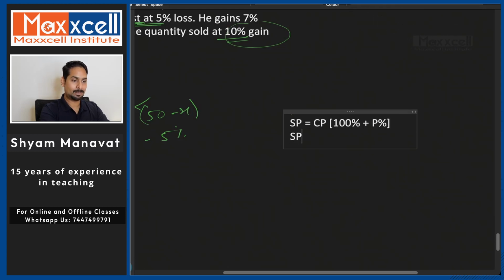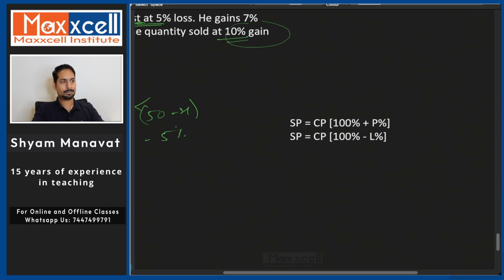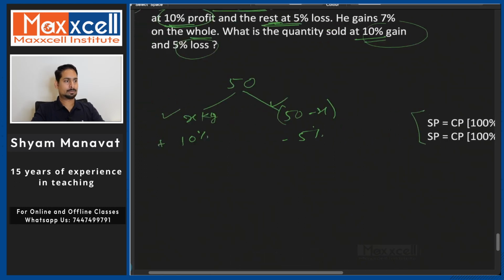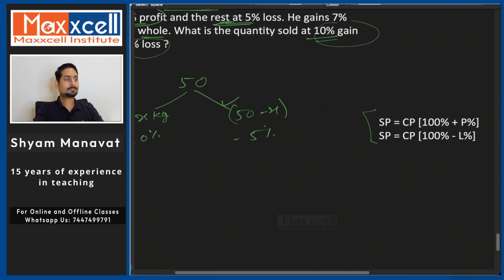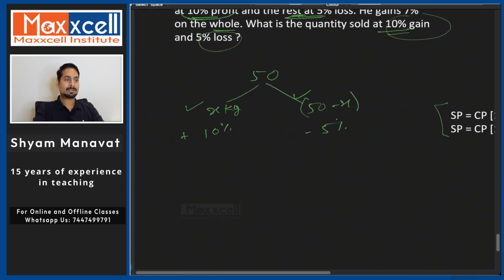If there is a loss, then selling price equals cost price into 100% minus loss percent, because loss means decrease. So I am going to use this to form the alligation.